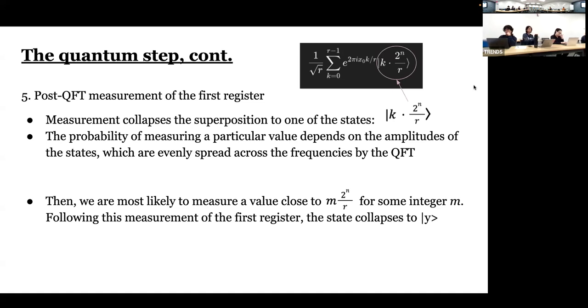And the probability of measuring a particular value depends on the amplitudes of the states, which are now evenly spread across the frequencies by the QFT. Then we're likely to measure a value close to m times 2 to the power of n over r for some integer m. And following this measurement, the state collapses to y.